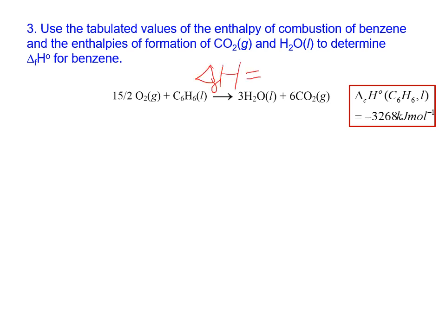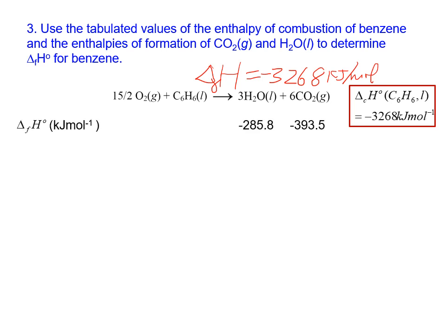Note that this chemical reaction is the combustion reaction, and therefore the reaction enthalpy for this reaction is negative 3,268 kilojoule per mole. The enthalpy of formation of CO2 and water can also be found from the textbook, and these are the numbers. It asks you to calculate the enthalpy of formation for benzene.